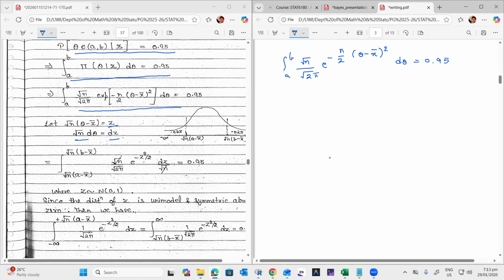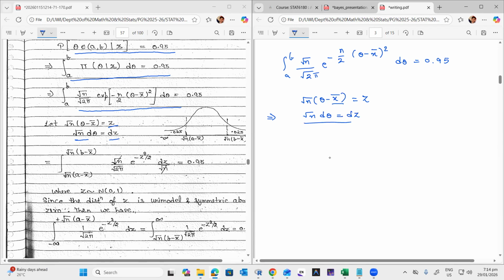So we considered under the root n theta minus x bar equals z. All right. From the chain rule of the derivatives, we find the derivative of x bar, which will be 0 because it's a constant. So it will be equal to dz.